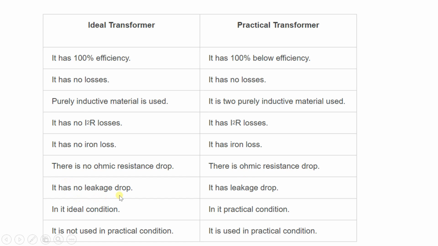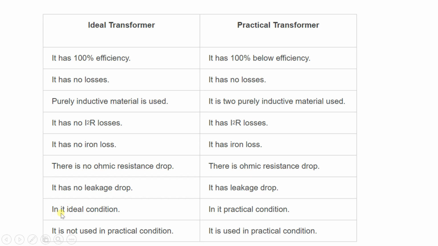There is no leakage drop in the ideal transformer, meaning no phi 1 or phi 2 flux is produced, but in the practical transformer we have the leakage drop, that is, phi 1 and phi 2 leakage flux.